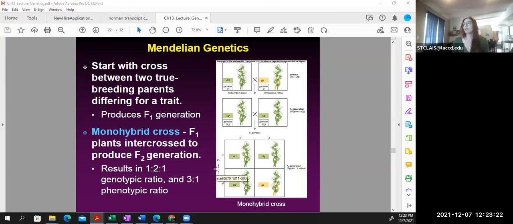What are the resulting offspring from this? Well, when we cross big G with big G, we're going to get homozygous dominant, or big G, big G, for this individual, which of course exhibits the dominant phenotype of the green pod color. When we cross the little g here with the big G, we get big G, little g.